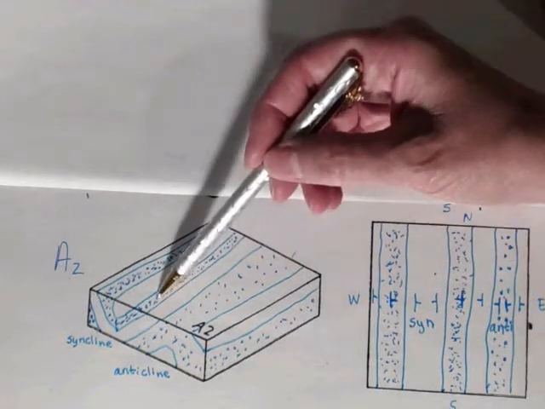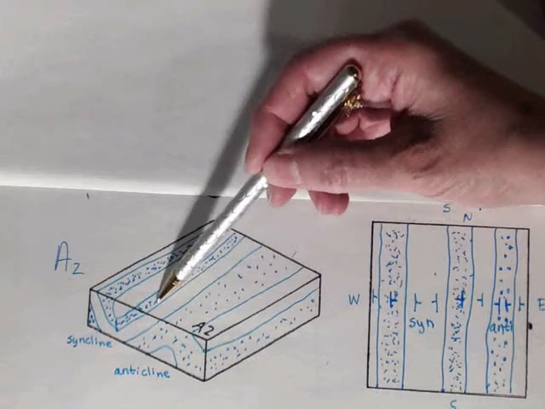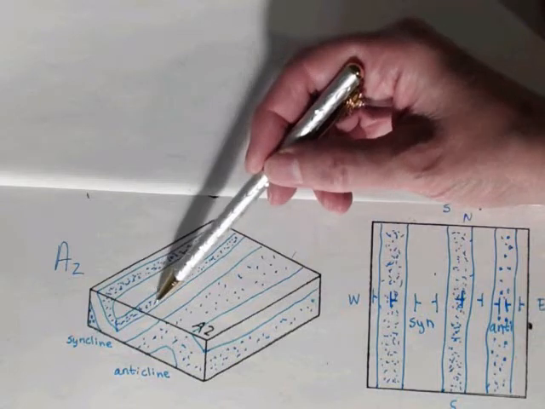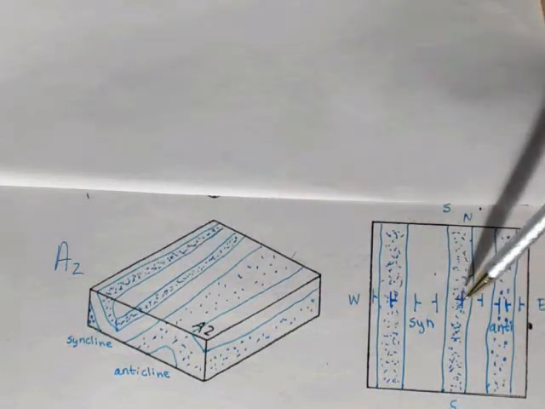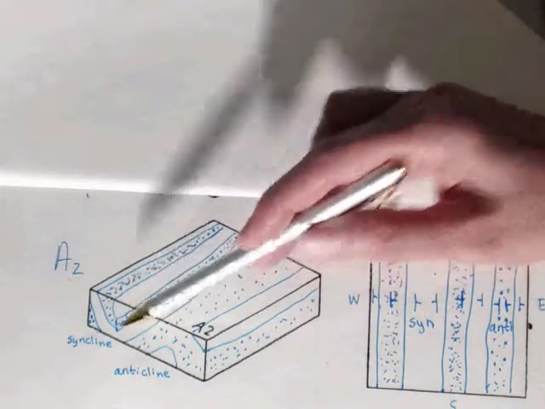And then this dotted layer, we're off over here on the other side of the syncline. Water's going to want to roll towards that downward arch, so it's going to go off to the left this time. So your strike, and then you're dipping off to the left, down towards that trough area.